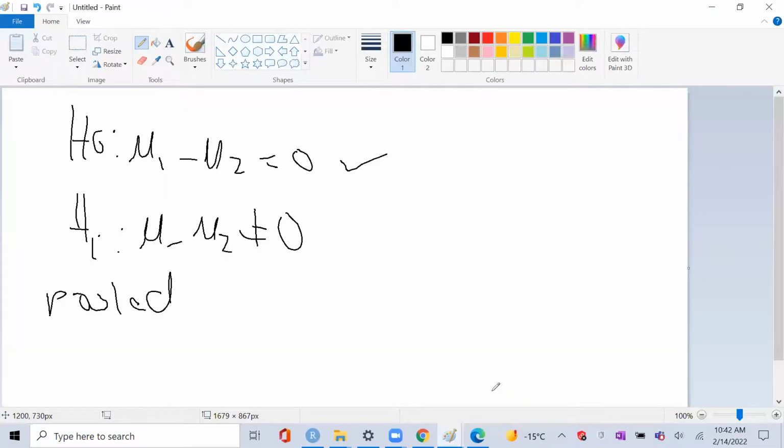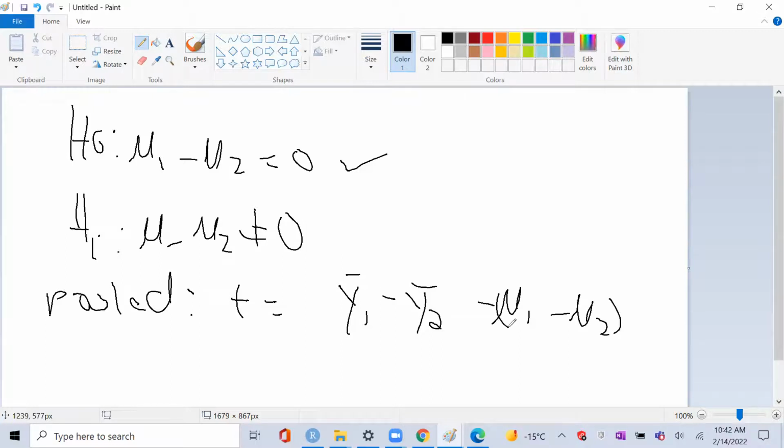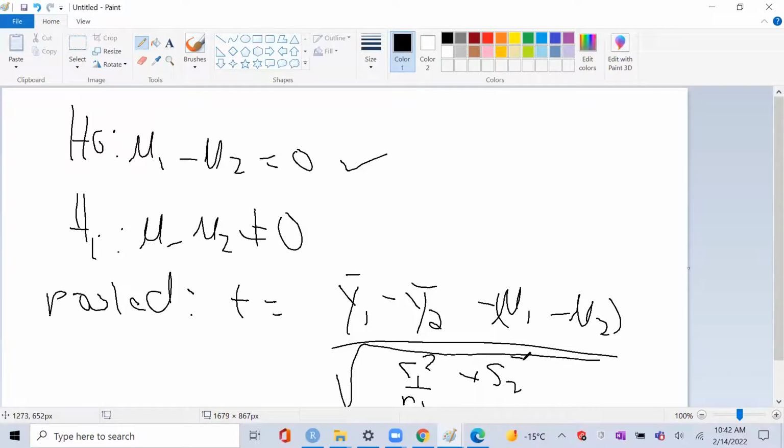So you can see that the problem is that if you have pooled, the test t is equal to y1 bar minus y2 bar minus mu1 minus mu2, over the pooled standard error. The problem is that the denominator, the standard error, is going to be actually a lot larger than it should be, because you have not accounted for the within group variability.